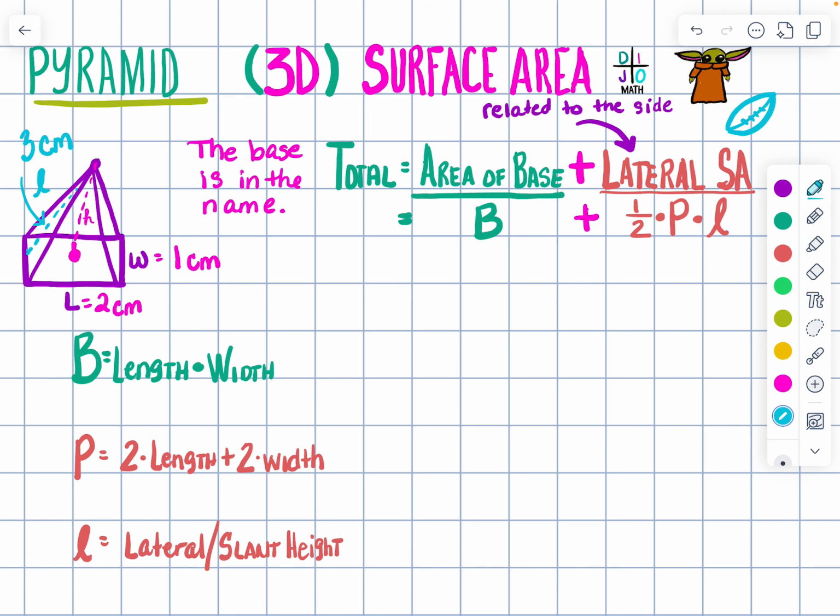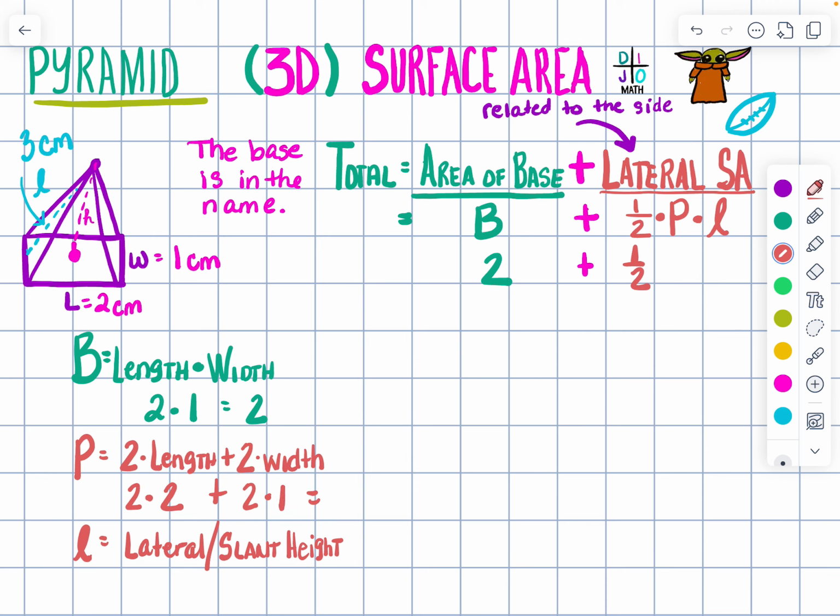Okay, so let's do the area of the base, which is length times width. So that's going to be 2 times 1, which is 2. Okay, so we can just put a 2 right there. Okay, plus, and then we're going to have 1/2. And now the perimeter of the base is 2 times the length, so it's going to be 2 times 2, and then plus 2 times the width, and the width is 1.